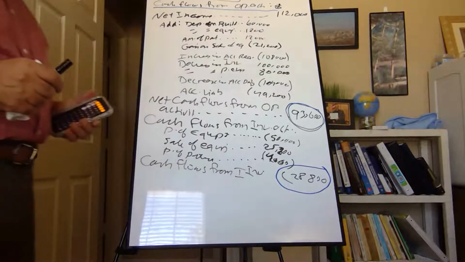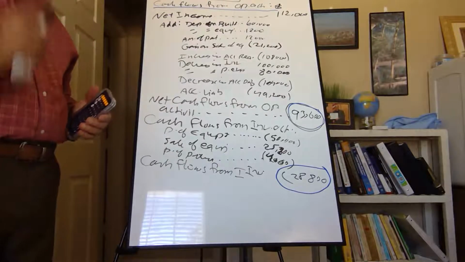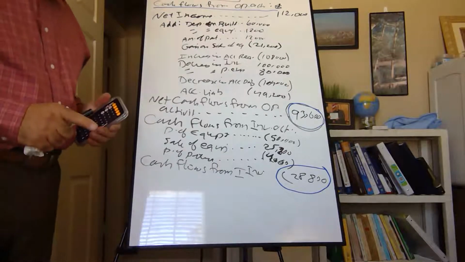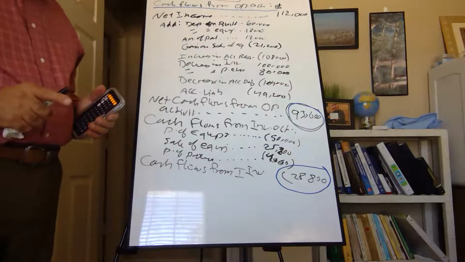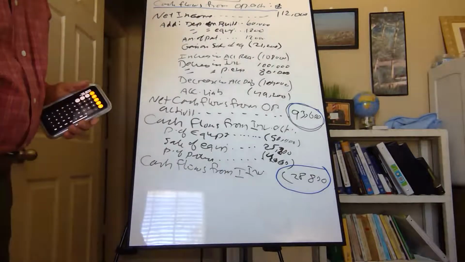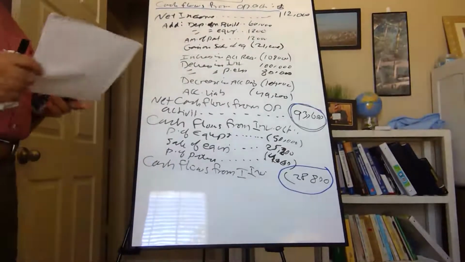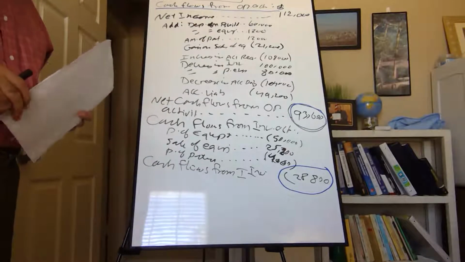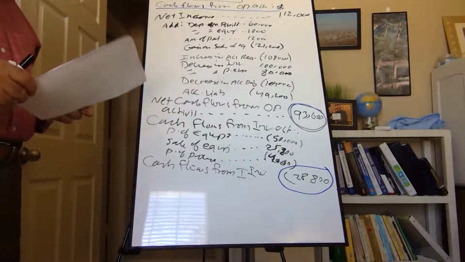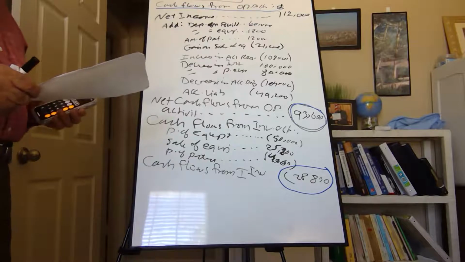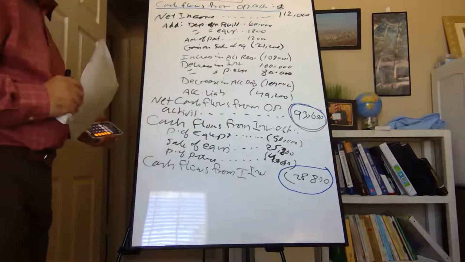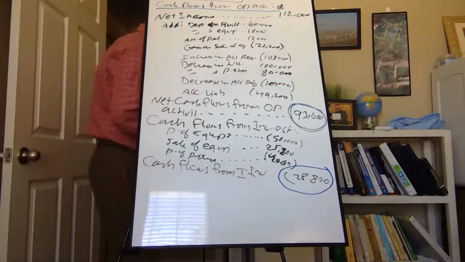Financing activities, guys, have to do with long-term liabilities and stockholders' equity. So we look at the transactions that have to do with long-term liabilities and with stockholders' equity. So let's see what the assumptions are telling us.